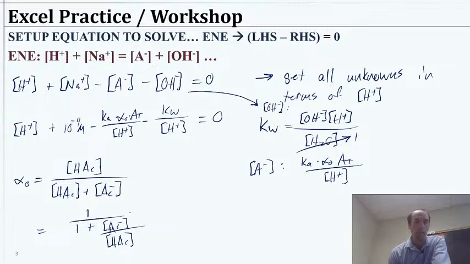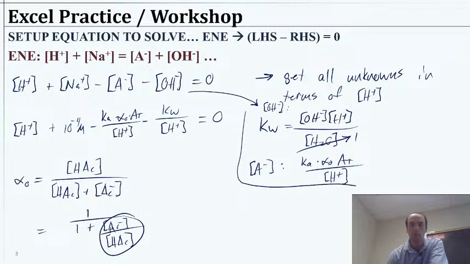So I'm going to pause here and say, just put this over here. We know that our Ka is H plus times AC minus over HAC.